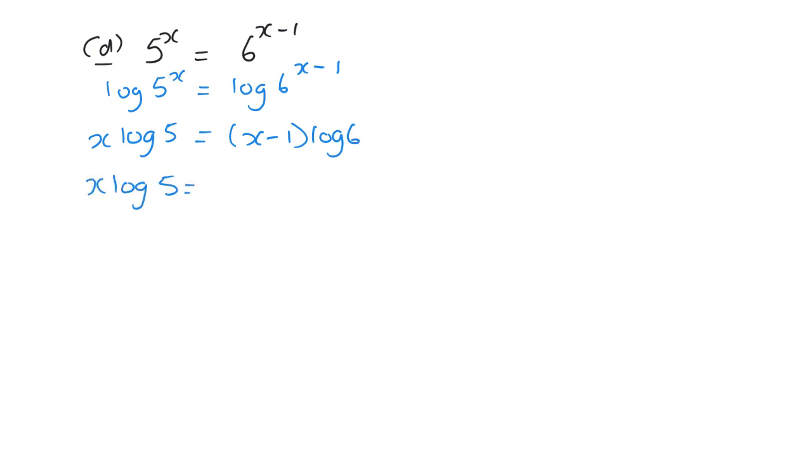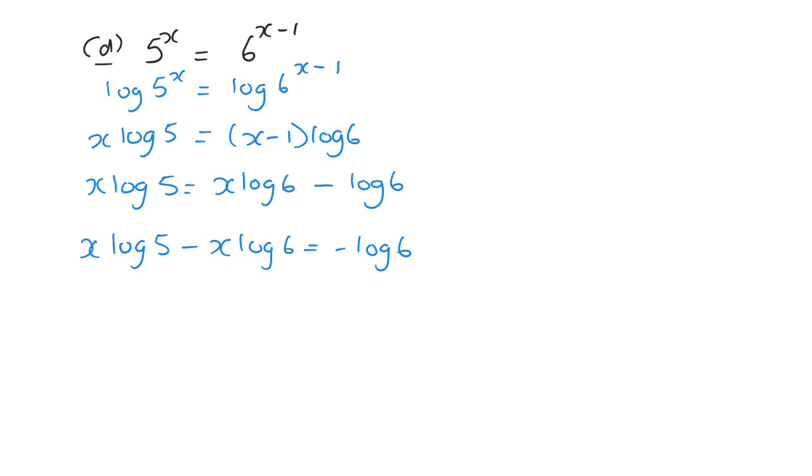I'm going to multiply out this bracket then. So we get x log 6 minus log 6. I'm going to then bring all my x's to one side. And then I'm going to factorize.